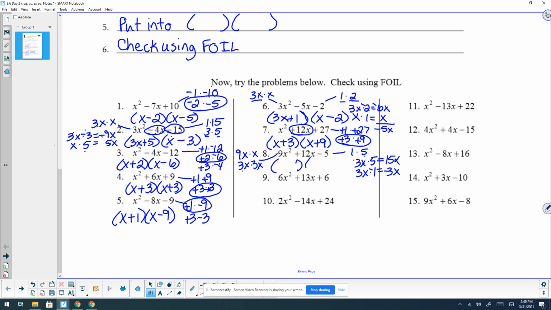Go ahead and put it together. 3x, 3x, plus 5, minus 1. What's nice about having the same x term in that situation is it doesn't really matter where you put the 5 or the -1. Okay. On to 9, again, I do not have a GCF because 13 is not divisible by anything.